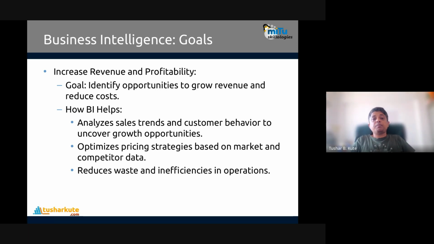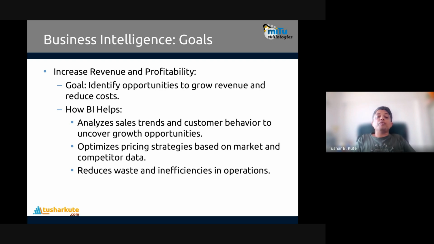We can optimize pricing strategies based on market and competitor data: how much money is present in the market, what the cost of a particular product is, what my competitors are providing, and accordingly what I can provide, so that more of my products can be sold and my business growth and profitability both improve.